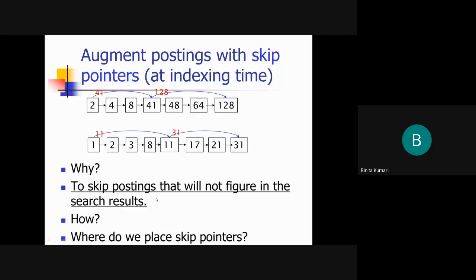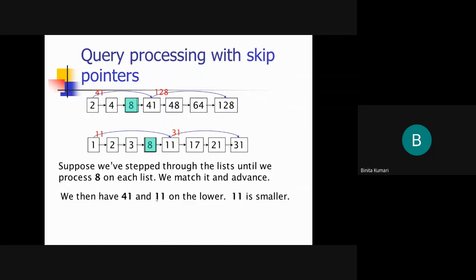Now how and where do we place the skip pointers? This is an example. Suppose we have started from here, and now suppose we have reached here. 8 and 8 have matched. Now I have to go to the next. After these two match, this pointer will go here and its pointer will also go here.